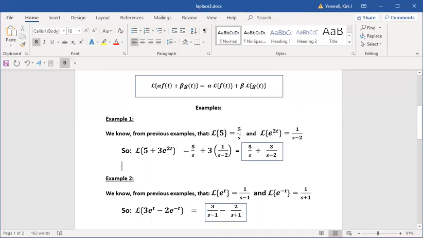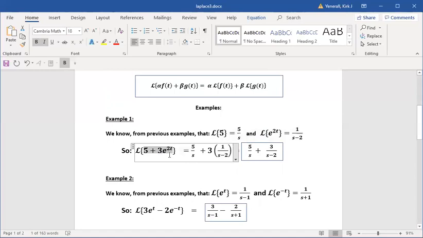So we know these two transforms, the Laplace transform of 5 and the Laplace transform of e to the 2t. Now, suppose somebody comes to me and they say, well, Mr. General, what's the Laplace transform of 5 plus 3 times e to the 2t? Well, I know that this is just a combination of those other functions. This is 5 plus 3 times the other function.